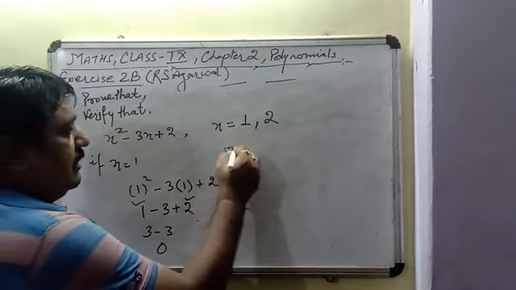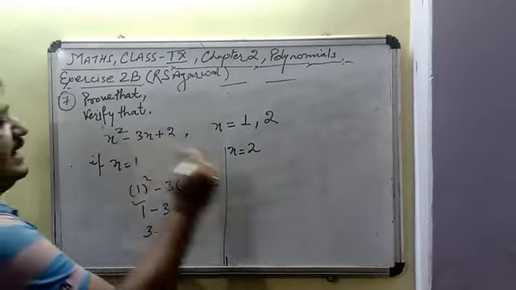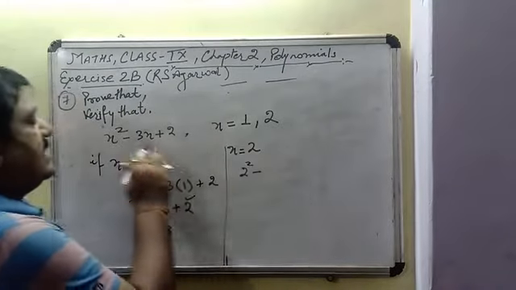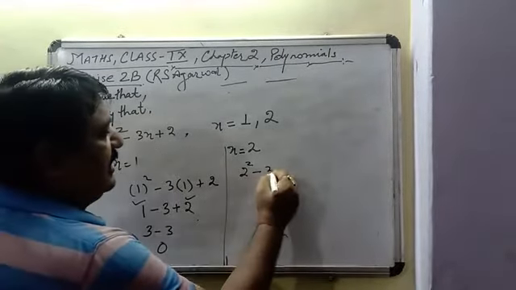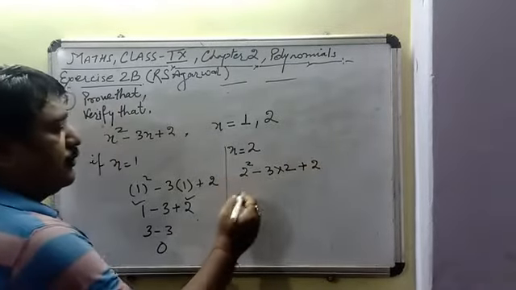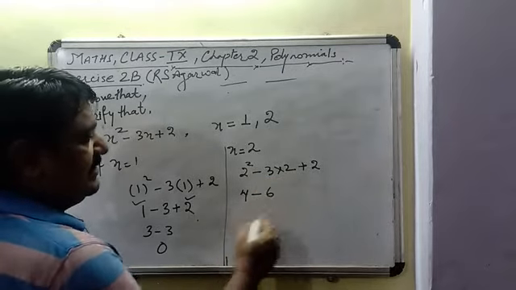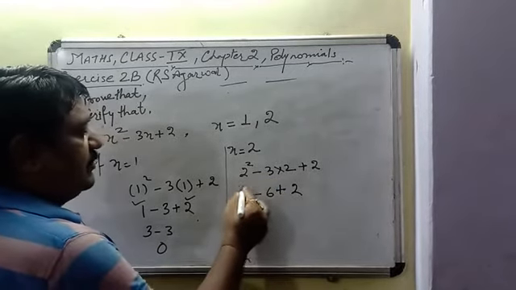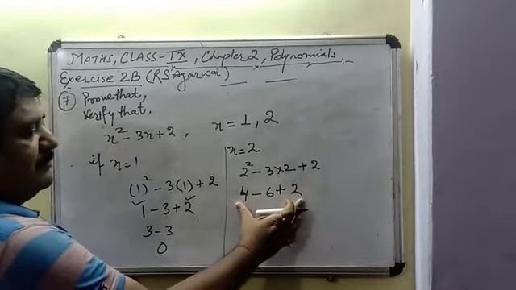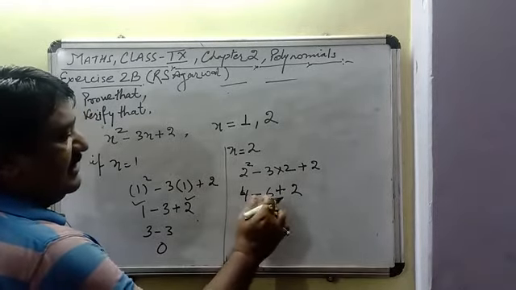Now this time put the value of x equals to 2. x square, that means 2 square, minus 3x, that means 3 into 2, plus 2. 2 square is 4, minus 3 twos are 6, plus 2. This 4 and this 2 are with positive sign, they will be added, plus 6, and this is minus 6.